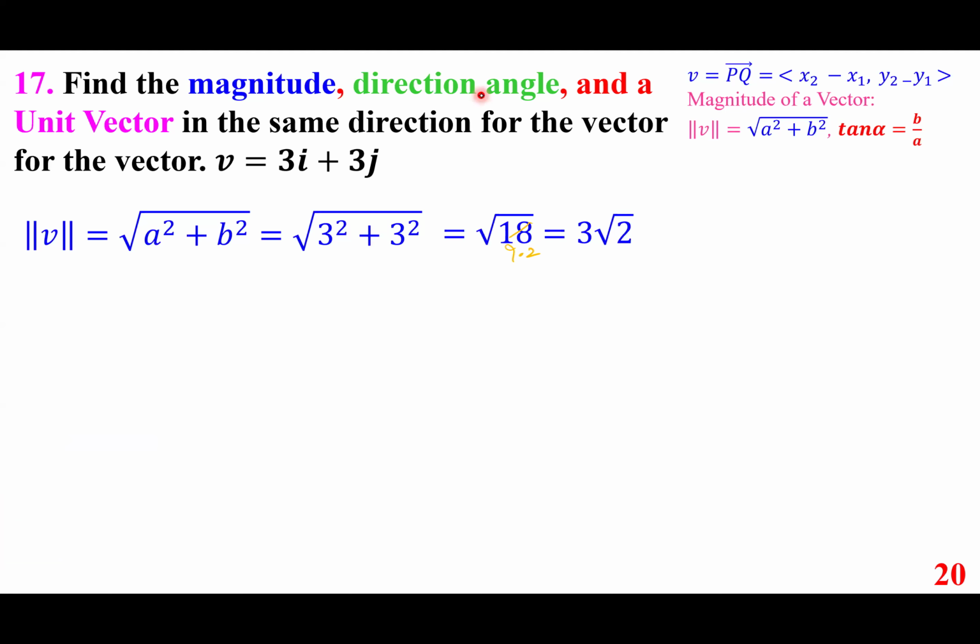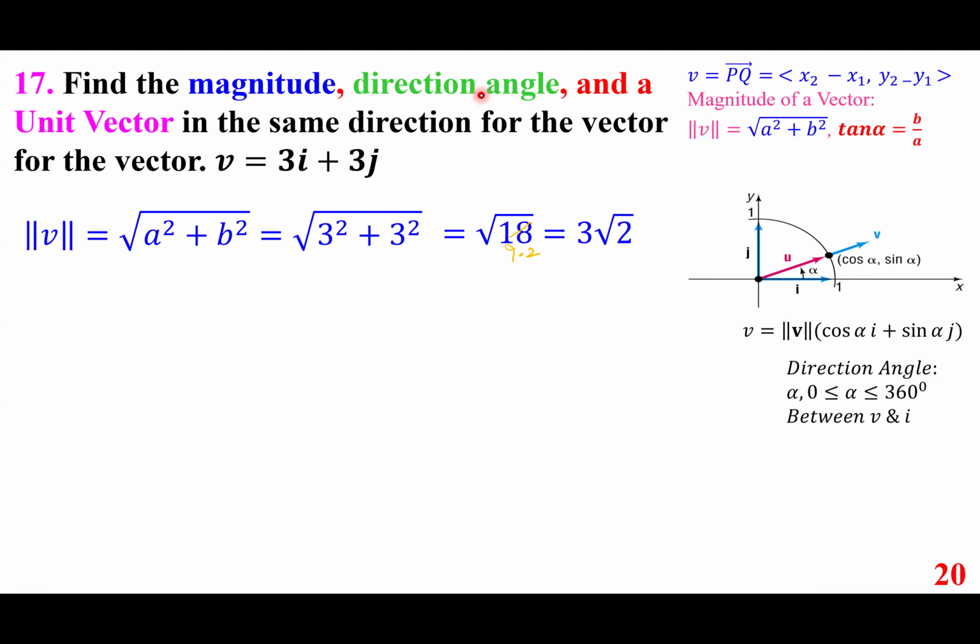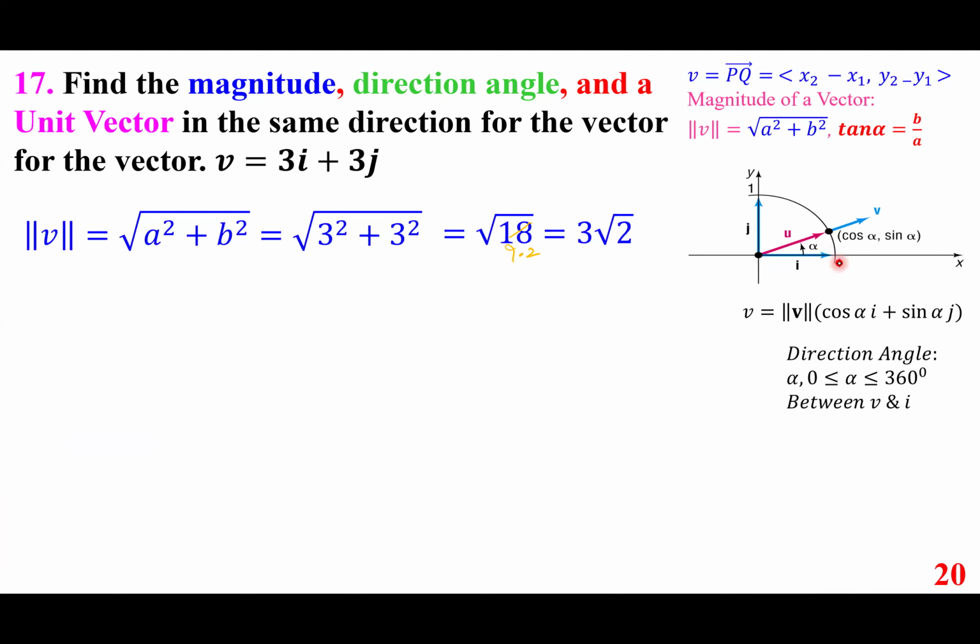We want the angle. Tan is b over a. So remember, in order to get the angle, tan of alpha is b over a. Sometimes we call it theta, sometimes gamma, whatever. A vector is equal to its magnitude times cosine alpha i plus sine alpha j.